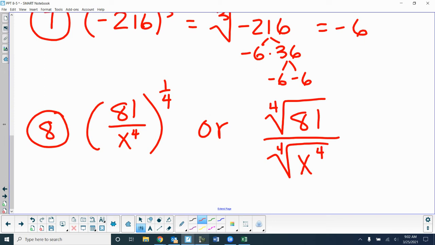That's the same thing. What's this denominator? What happens to the 4s? Cancel. The bottom is what? X. Yeah. The rule is multiply the exponents. What's 4 times 1/4? 1, right? That's like x to the first, so that's x. So that's the bottom.